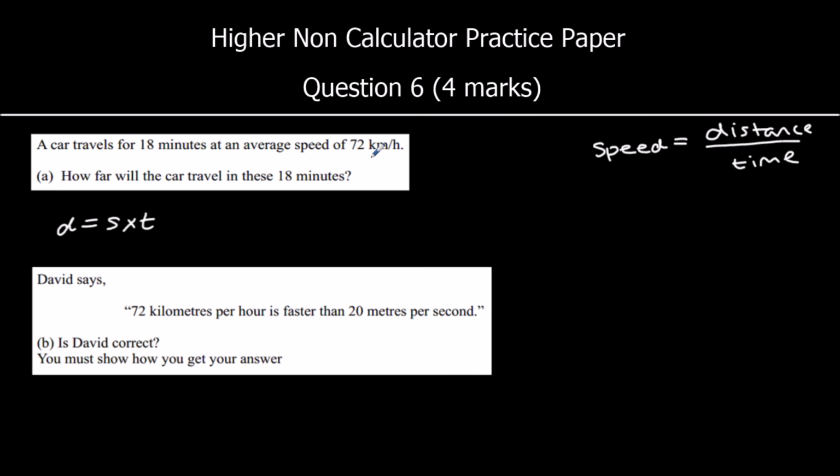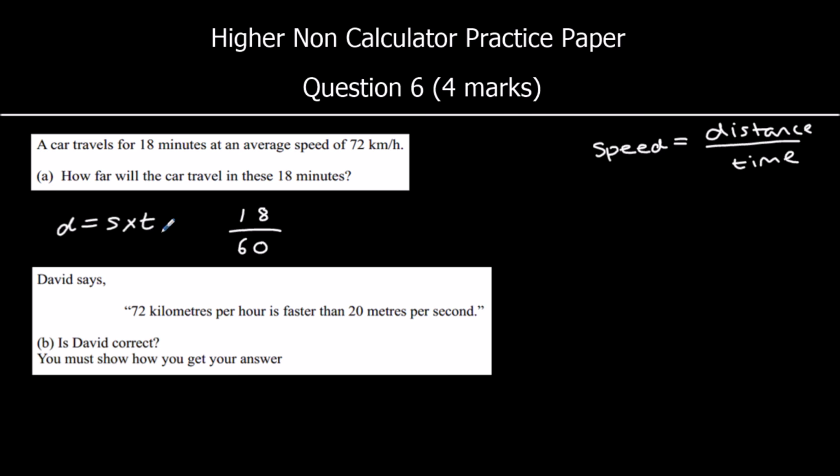We've got 72 kilometers per hour, but we've got the time in minutes. We've got 18 minutes. So to do this calculation, I want to change 18 minutes into hours. So 18 minutes is 18/60ths of an hour.